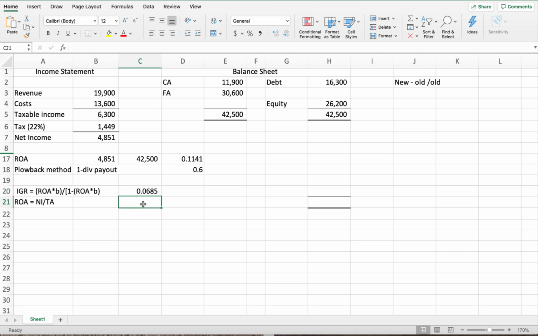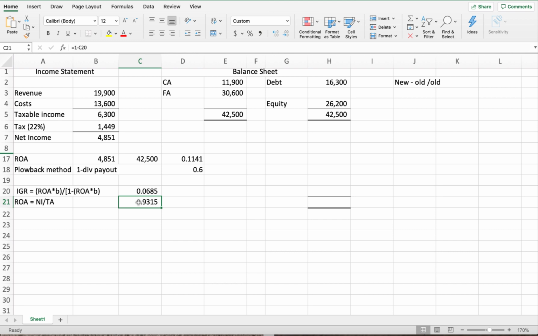Now I need to figure out the bottom half, 1 minus ROA times the plowback ratio. I'm going to take this out two more spaces so I have four, make them equal.